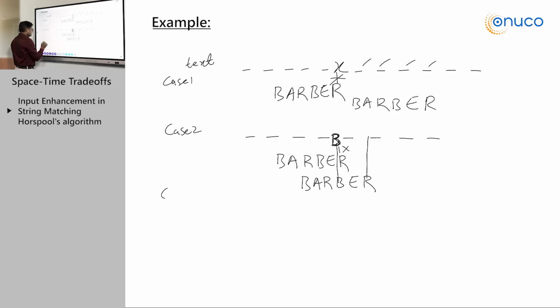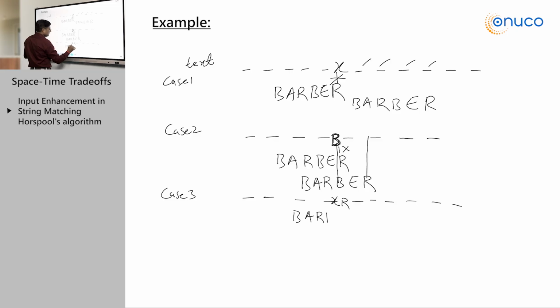Maybe a different case will be there, case 3, where we have a different set of characters. Here we have R and here we have, say, X, and you are going to compare BAR, BER. Is R and R the same? Yes.